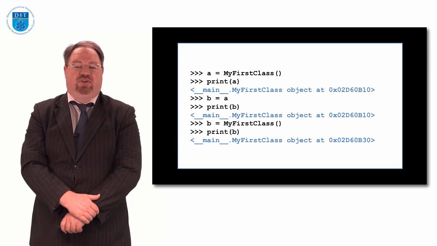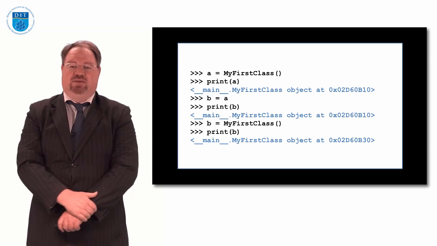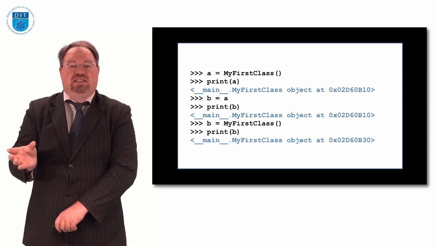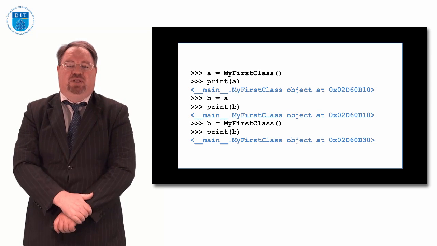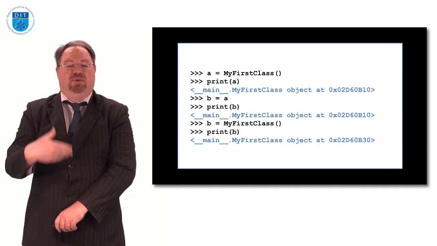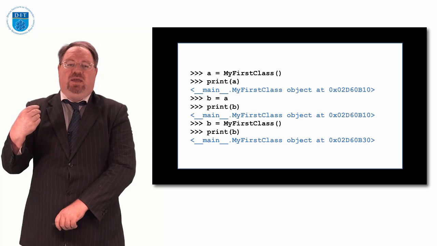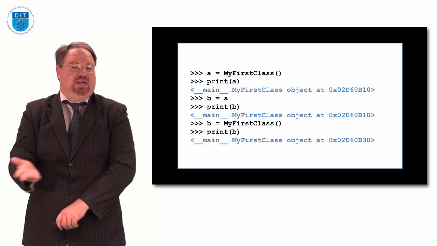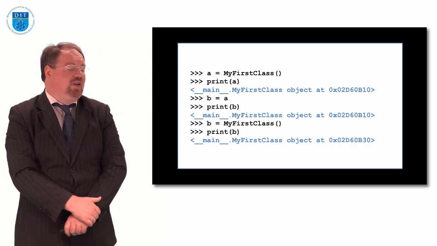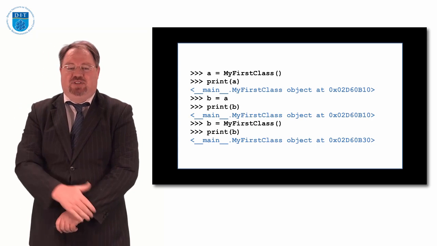So B now is reserved at 02D60B30. So it's exactly like variables that we've done in the past. A variable, you declare it. If you assign a new variable name the same value as the first variable, it has the same value. If you create a new variable with a new instance, it's got a different value. So classes work very much like variables.